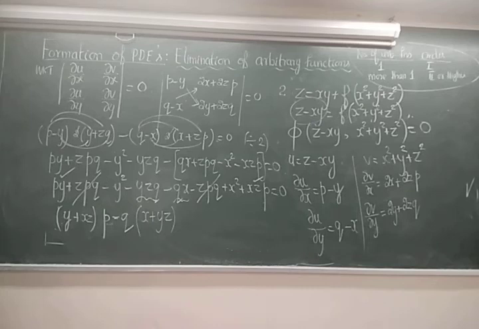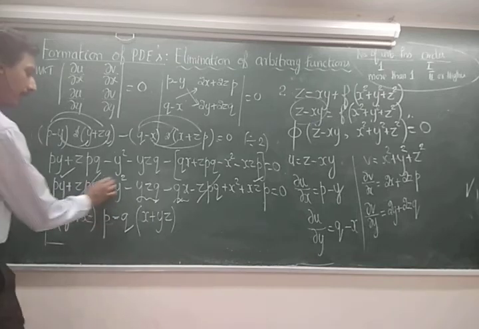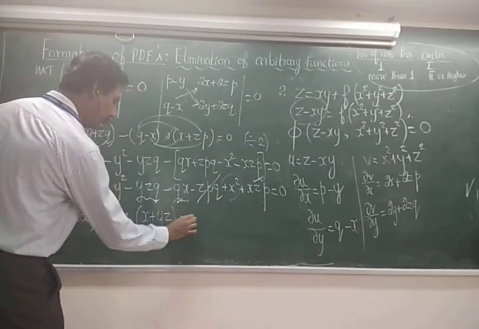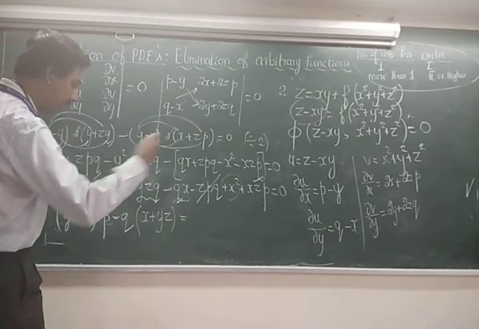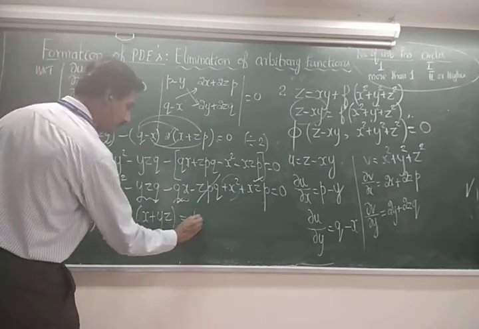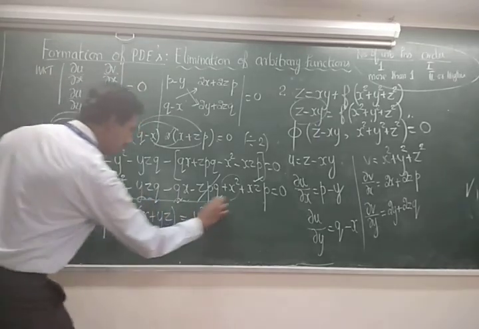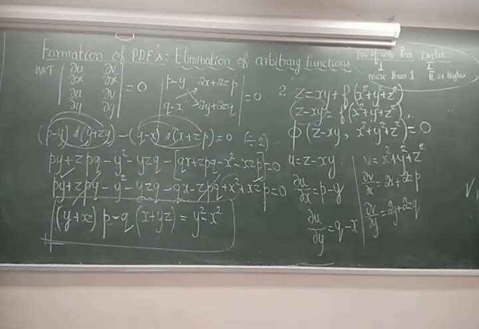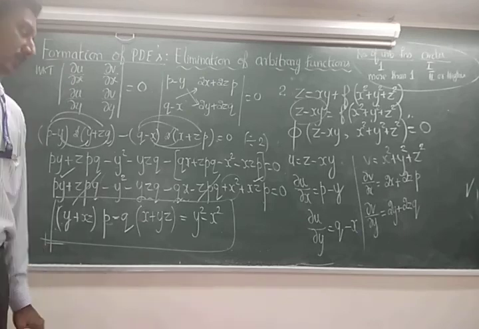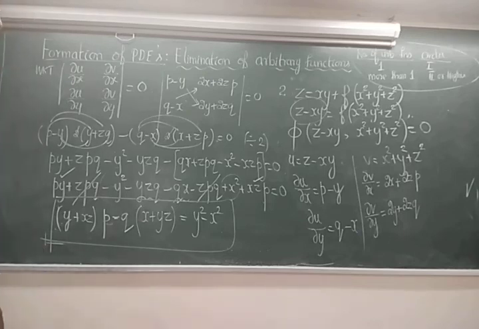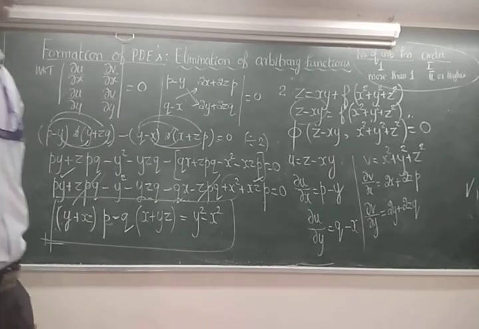What is the balance? The balance is minus y squared plus x squared. I can move these terms from the left hand side to the right hand side. This becomes y squared minus x squared. That's it. So this is the required partial differential equation of order 1 in the form of phi of u comma v equal to 0.